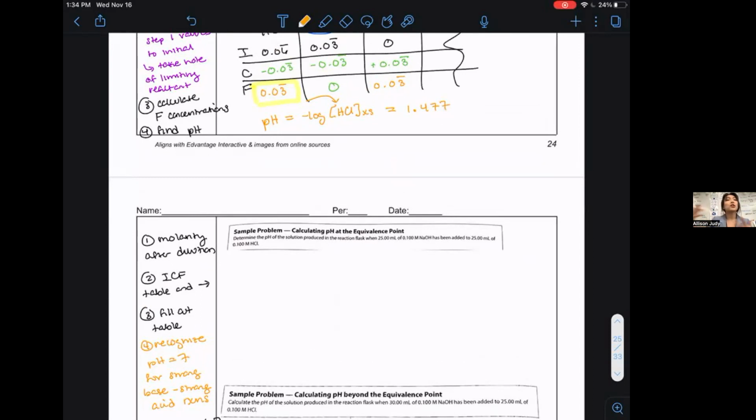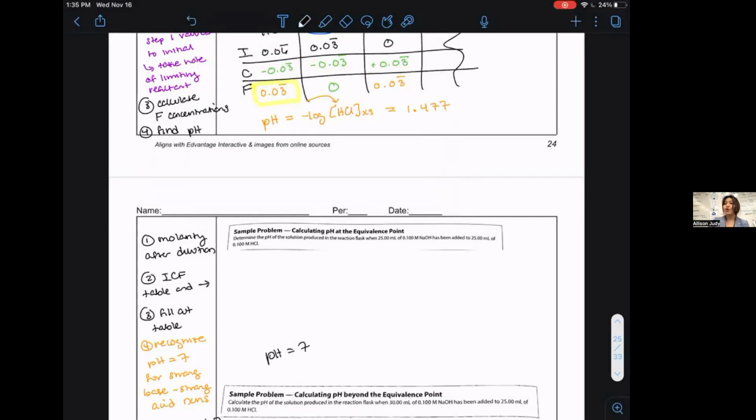You're given a problem: here are the amounts. You have to figure out, based on the mole value of acid and base, did you reach equivalence? And then you don't have to do any more math after that. If your moles of acid stoichiometrically equal moles of base for a strong acid, strong base titration, you literally could just write, pH is what?